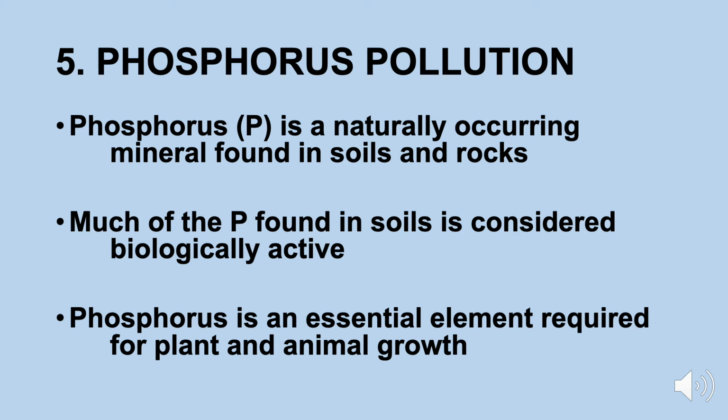Now, we know a lot about phosphorus. Phosphorus is a naturally occurring mineral found in soils and rocks. Much of the phosphorus found in soils is considered biologically active, which means organisms can use the phosphorus for growth. Indeed, phosphorus is an essential element required for plant and animal growth. All plants, all animals require phosphorus.